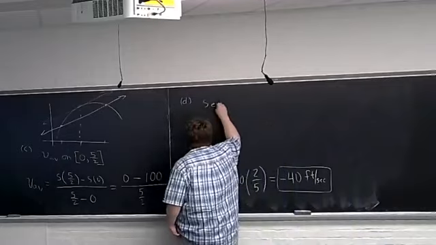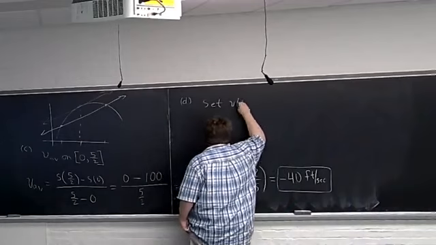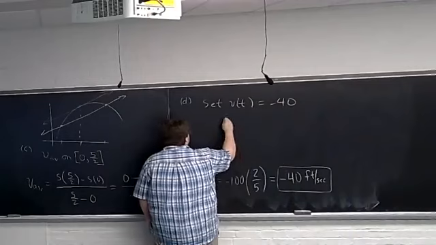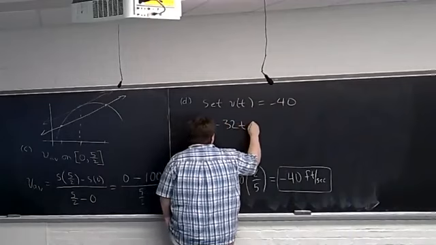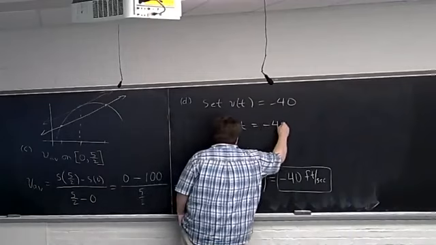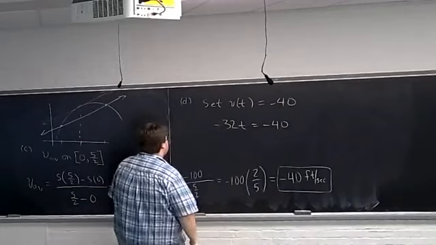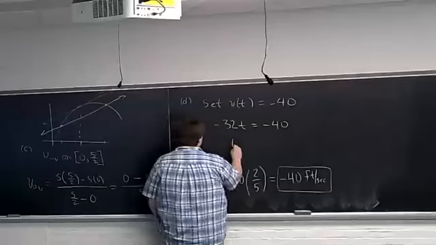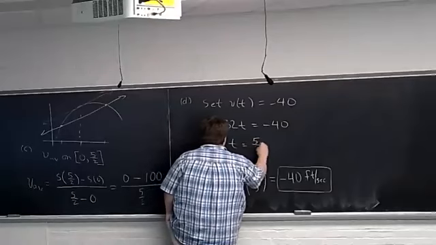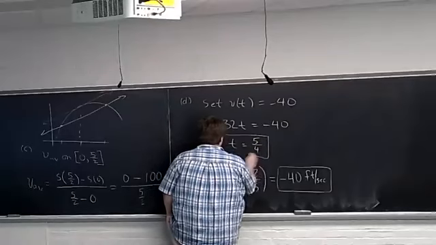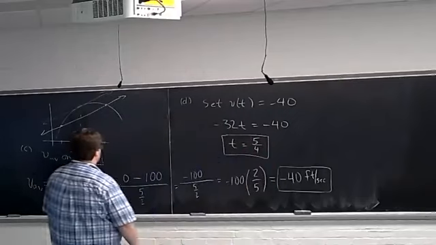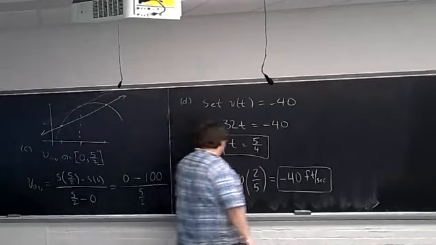So here we want the instantaneous velocity to equal -40. Well, instantaneous velocity, a general velocity function, is -32t. Set that equal to -40, divide by -32. 40 into 32, 8's cancel, and you're left with 5/4, and this is seconds.